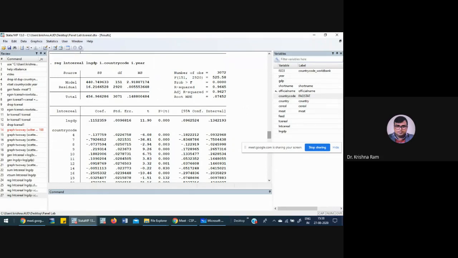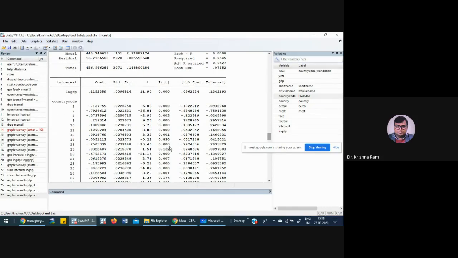Fixed effect because cross-sectional dummies are statistically significant. Time effect again for the same reason, because all time dummies are statistically significant. And look here, these p-values are using a two-tail test. When you move on to the one-tail test, then all cross-sectional dummies and all time dummies become statistically significant.